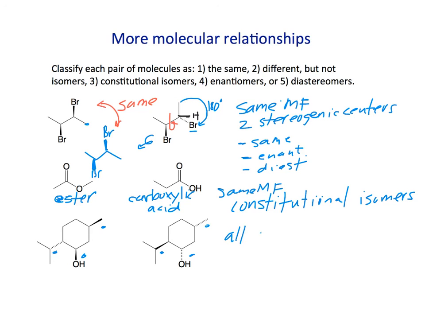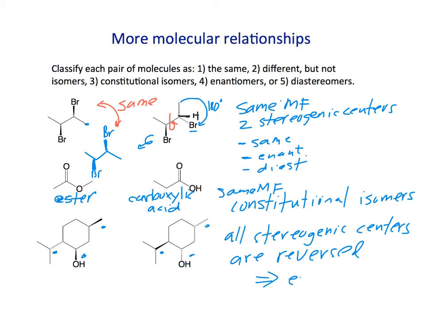All stereogenic centers are reversed. So this is what we see when we have enantiomers. So these molecules are, in fact, if we repositioned one of them, these would be mirror images of one another.